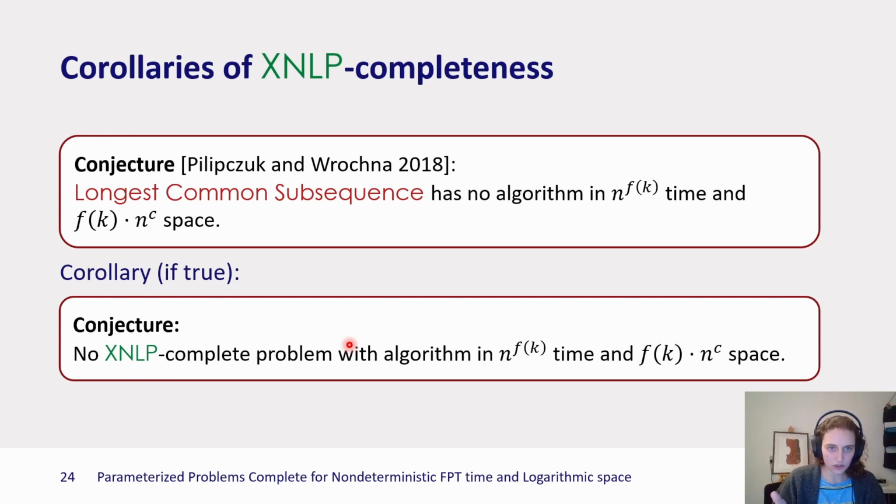If that conjecture is true, because longest common subsequence is XNLP-complete, we actually have that no XNLP-complete problem can have such a time-space algorithm. So as soon as you see a problem that has a natural dynamic programming algorithm with this time but smaller space, something that's polynomial in n space, then you might wonder; probably it's not going to be XNLP-complete if we believe this conjecture.